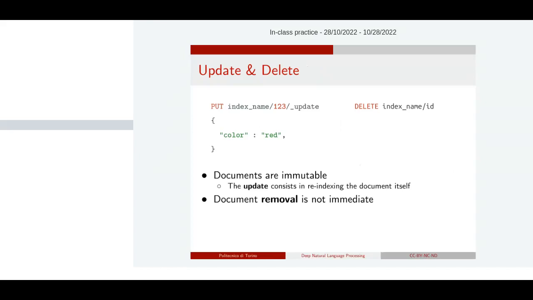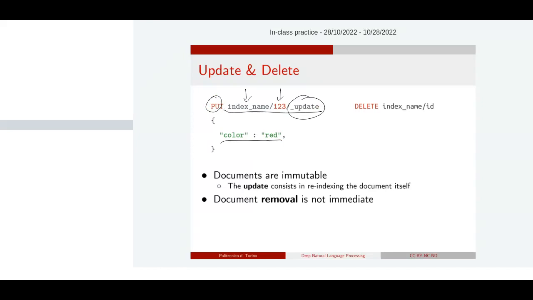Here I have an example. In this case, I use a PUT request to update a document. I use the index name and the ID to identify my document. I use the update request and I want to set the color equal to red in this document.